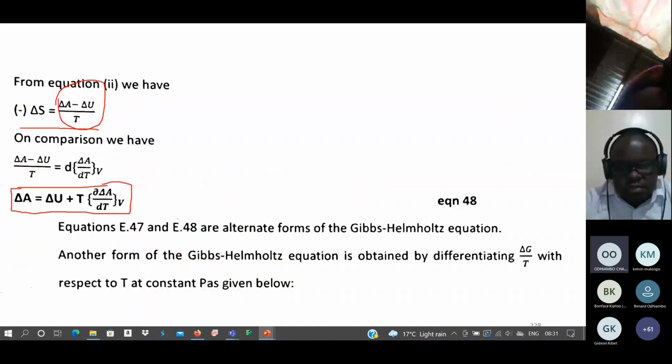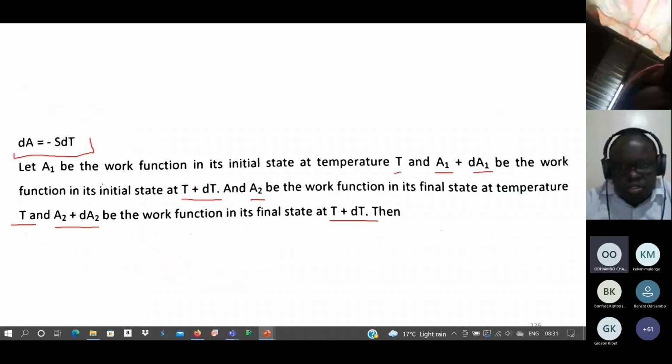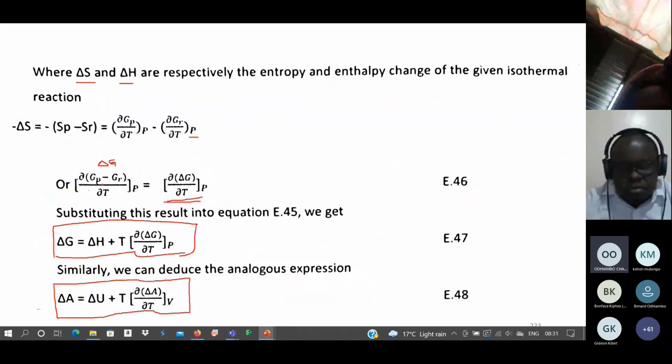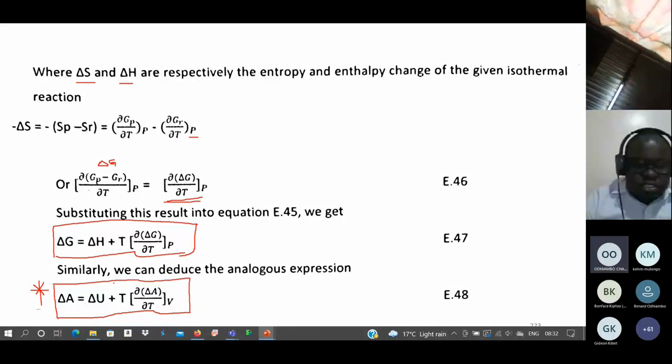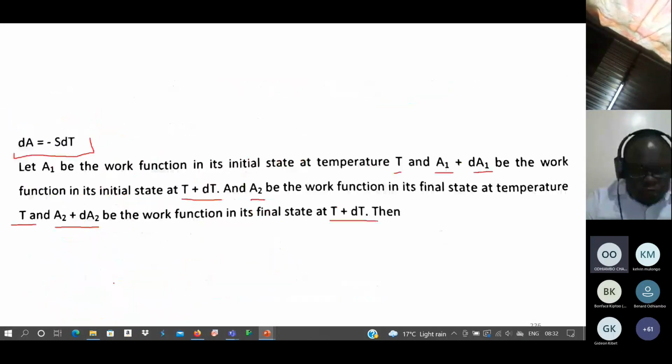Okay, just go back to it. So this is what we have here. These are the two expressions. So here I was showing you how to arrive at this expression. So these two expressions, they are alternate expressions for the Gibbs-Helmholtz equation.